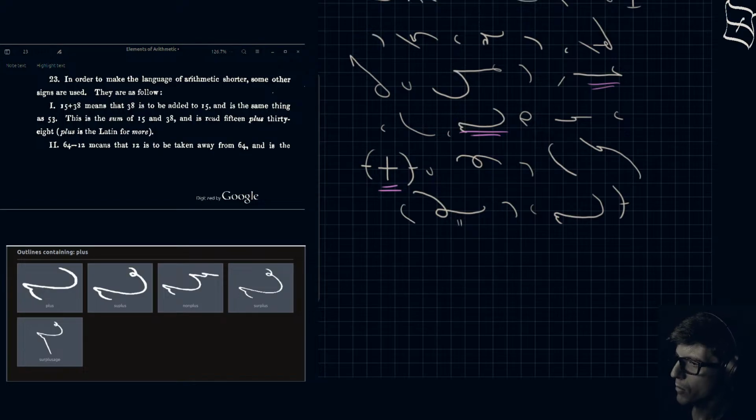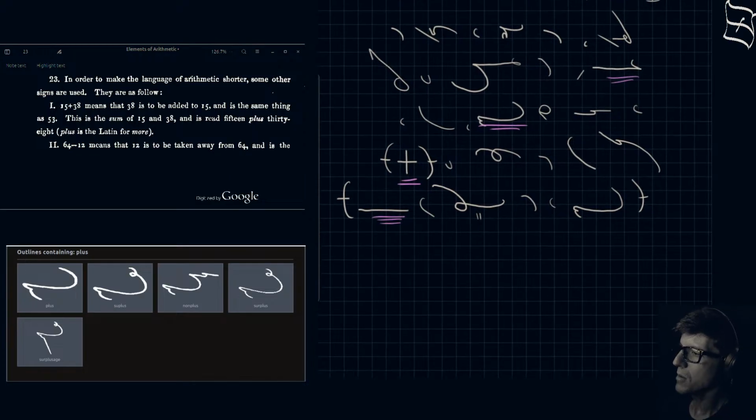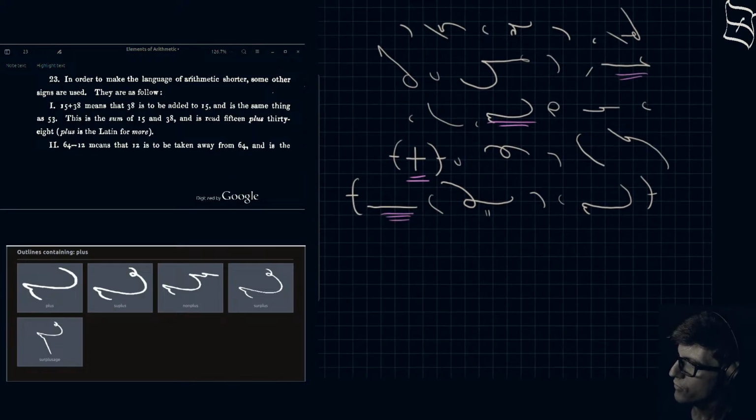More is underlined as well, but underlining makes it capital in Gregg, so we'll use a different mark for underlining. Okay, so there we go. Plus is the Latin for more.